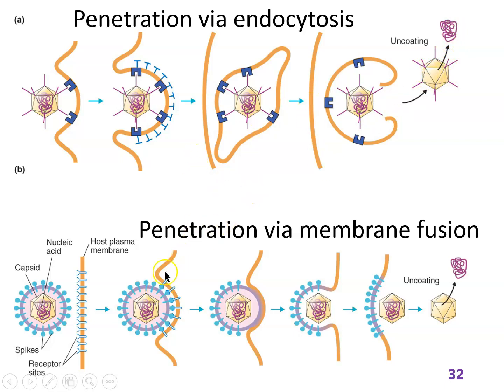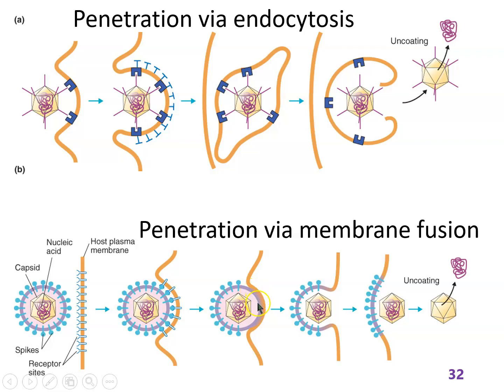If they use membrane fusion, this makes use of the envelope. Remember, there's a lipid bilayer in enveloped viruses. And so with membrane fusion, what happens is the virion gets really close to the cell membrane by attaching to lots of other molecules on the cell membrane, and ultimately the membranes fuse.